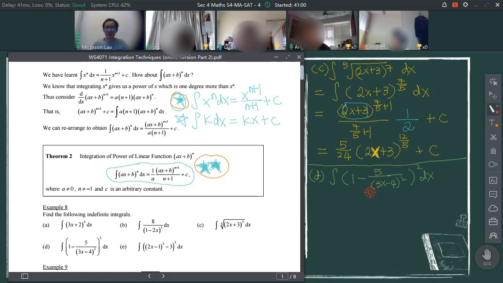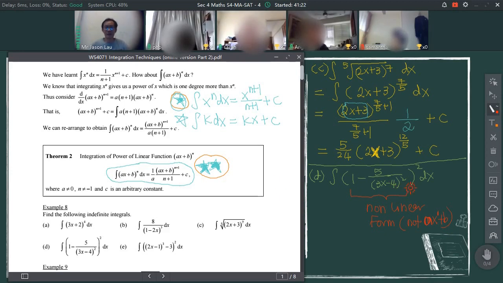Okay, I just make a remark here. Linear means power 1 only, strictly only ax plus b, that's it, no more.